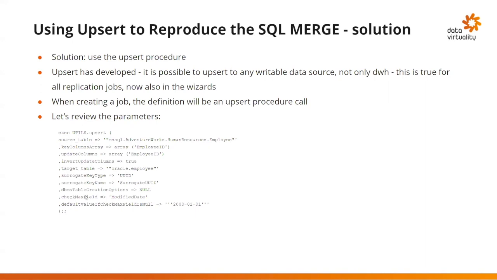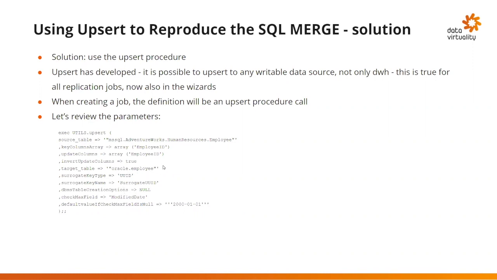If you're using check max field, it will always look at the target table, which is the highest modified date there, and will get data from the source only with a modified date higher than this, also meaning a low footprint here. And then there's a default value for this check max field.